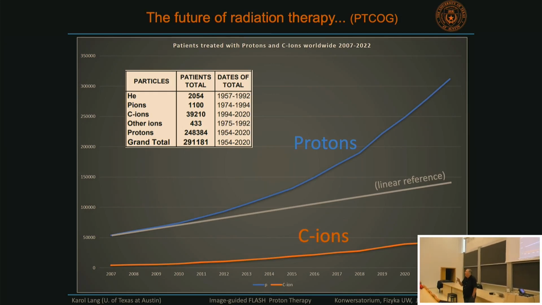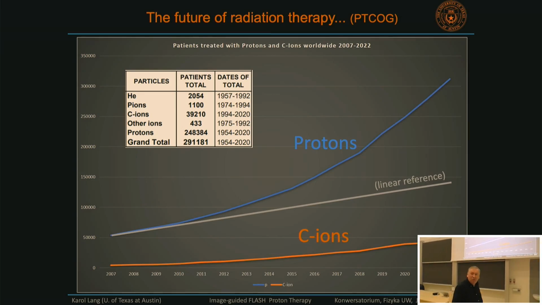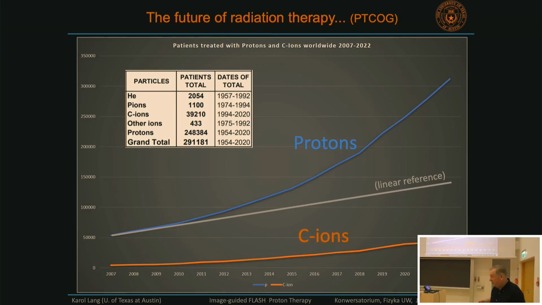So a natural question would be, 122 proton centers, how many gamma centers are there in the world? The answer is there are various gamma centers, but to be generous in counting the various ways these treatments are administered, it's about 21,000. So there's a 200 times difference in the number of places where cancer can be treated with gammas.